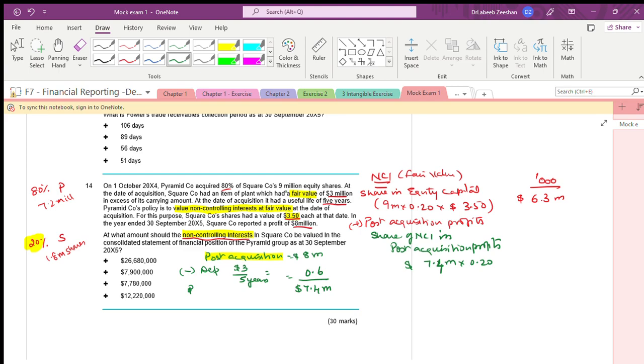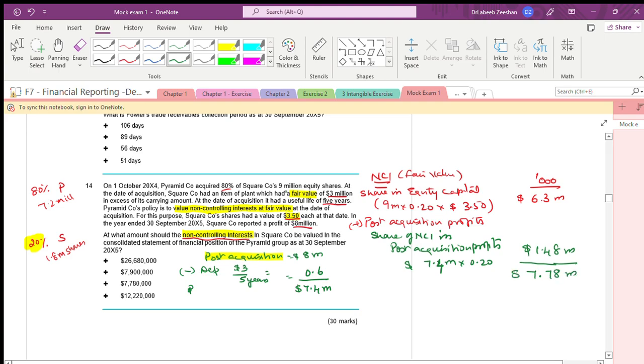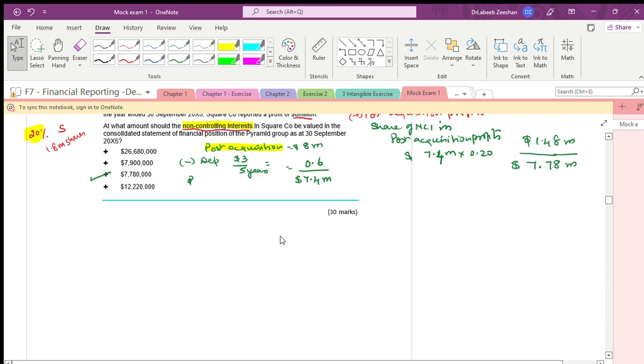It comes to 1.48 million. Adding it, how much will you get? 7.78 million. That is the answer. Is it clear? Yes.